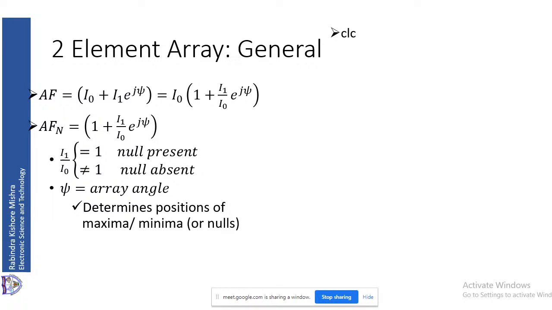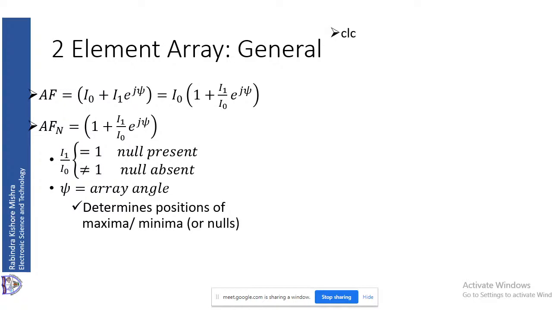Results will come to the command window unless there is a semicolon at the end. If there is a semicolon at the end, it will not come to the command window. Otherwise, everything will come to the command window, so the command window becomes clumsy. To remove that clumsiness, we write CLC. CLC means clear the command window: CL is clear, C is command window. So that is what I always start with.